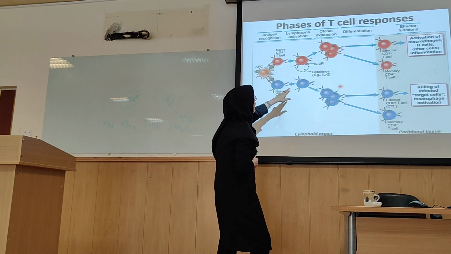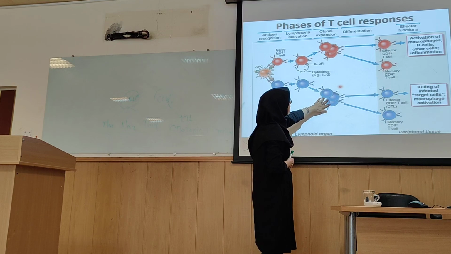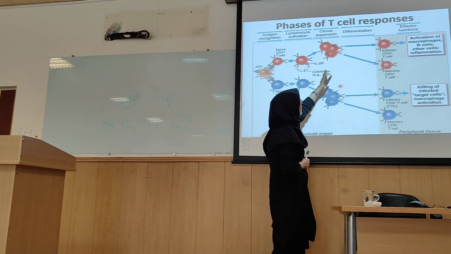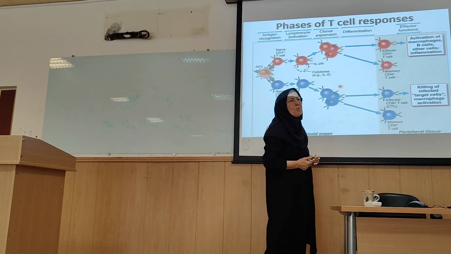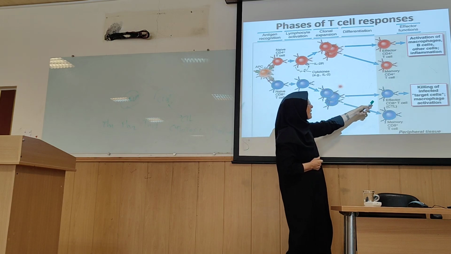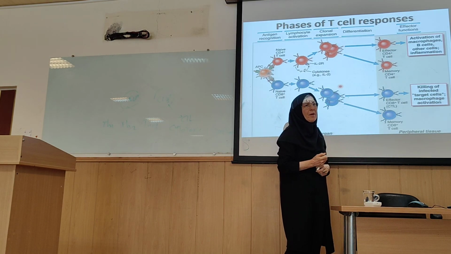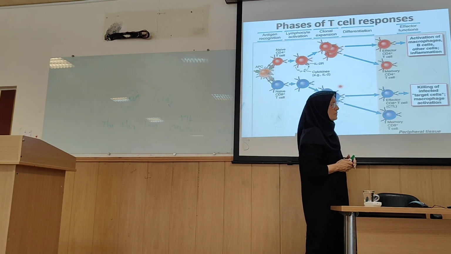Okay, after activation, the cells proliferate. This is called clonal expansion. After that, they differentiate into effector cells and memory cells: effector CD4 positive T cells, effector CD8 positive T cells, and memory cells.